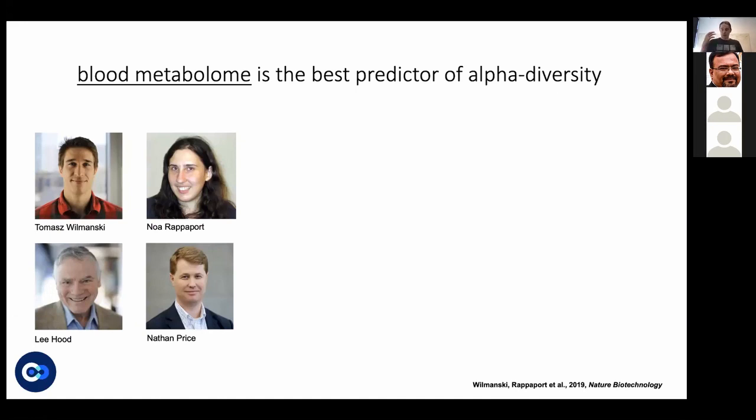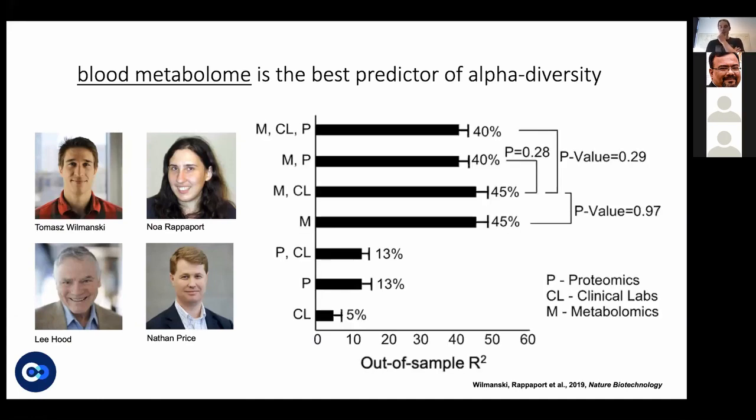And so the question is, can we predict this feature of the microbiome, alpha diversity, either how many species are there, the richness or the evenness, or some combination of those two factors? Can we predict this metric using information that we can measure in the blood of the host? The quick thing to do first was to ask, what omic is most resonant with this alpha diversity metric?